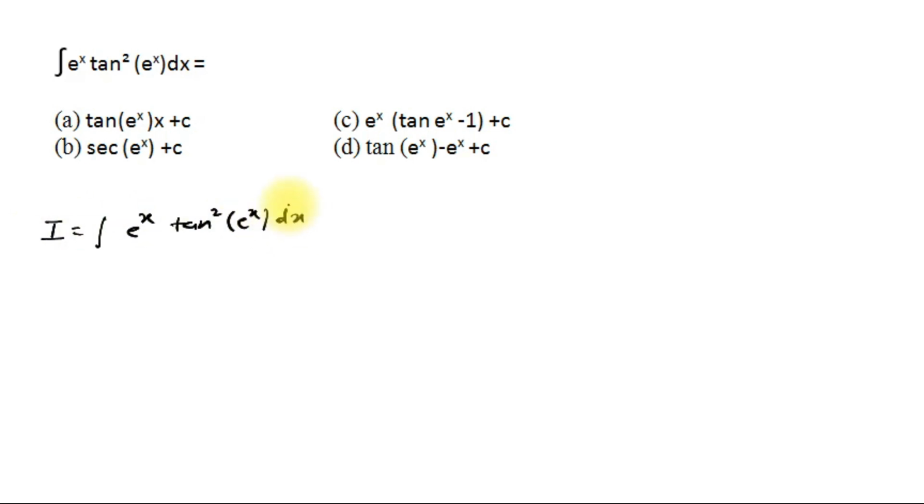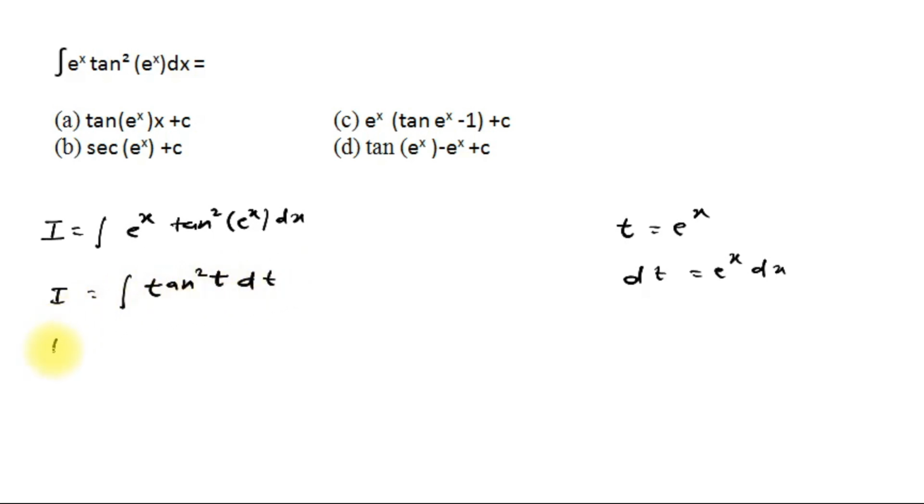Now here if we substitute t is equal to e to the power x, then dt is equal to e to the power x dx. Now this part e to the power x dx becomes dt, and tan square e to the power x is equal to tan square t. So I can be written as the integration of tan square t dt.